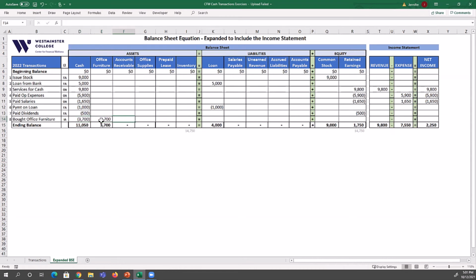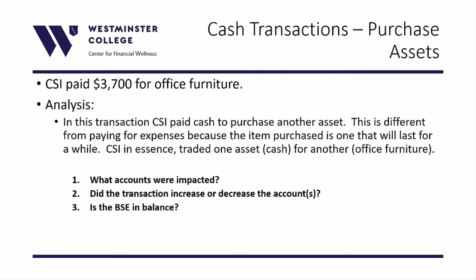Okay, one last thing on this transaction: sometimes this is called an asset exchange, because total assets have not changed in total amount, but we've changed the composition of what kind of assets we have. We traded some cash to get some office furniture. All righty, let's see what's next.